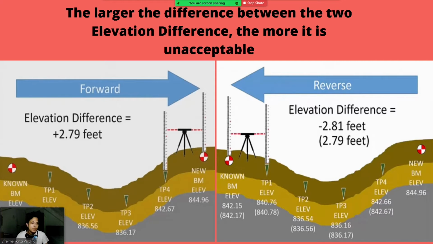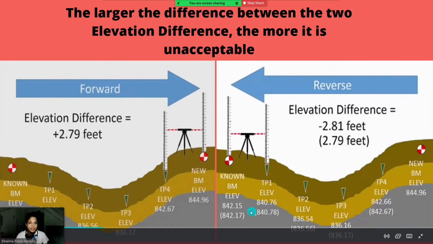The ones inside the parenthesis are the values of elevation that were solved using the forward way, meaning those are the previous elevation values. When we finish solving the final elevation using the reverse way, we will then compare the elevation difference between the two.